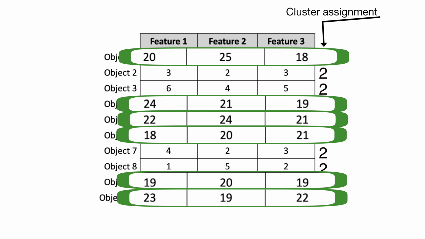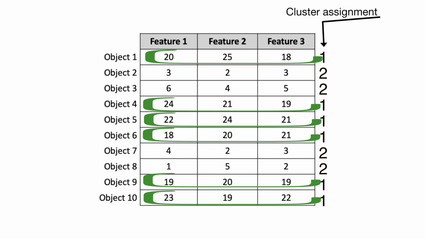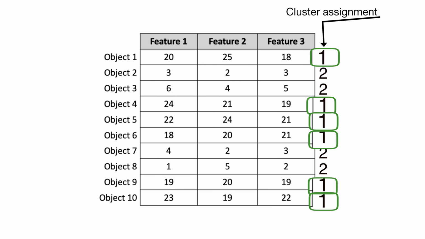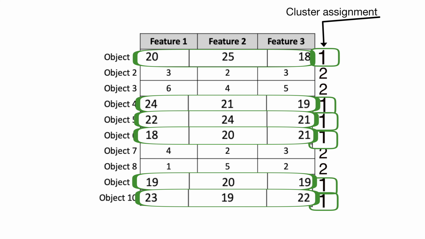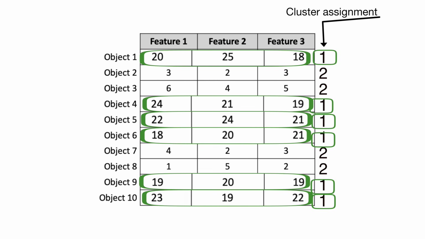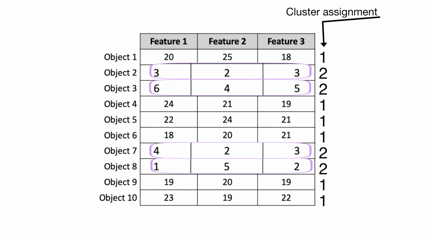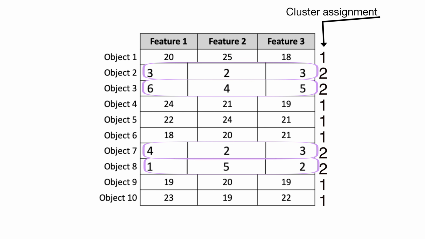Therefore, all the assigned cluster IDs for all these similar rows will be the same. Here it is 1. That means all these rows belong to cluster 1. Against these rows, another cluster ID will be given. Let's say the cluster ID will be 2. This new column has the output of k-means clustering with k equals 2.